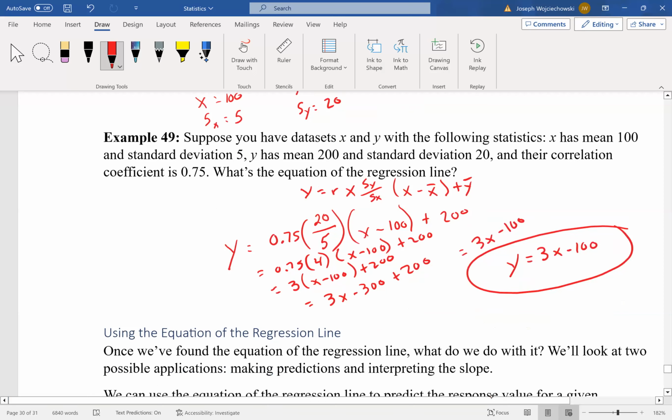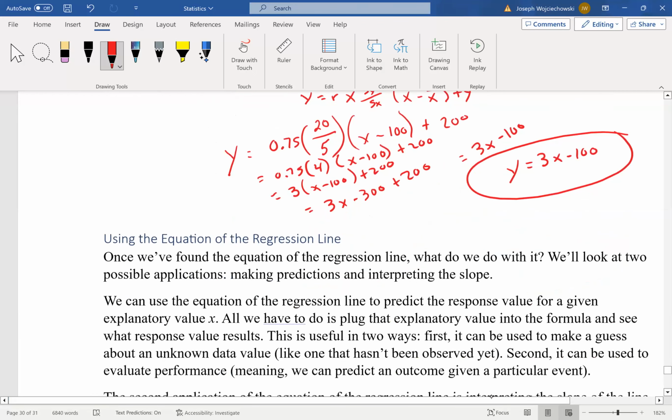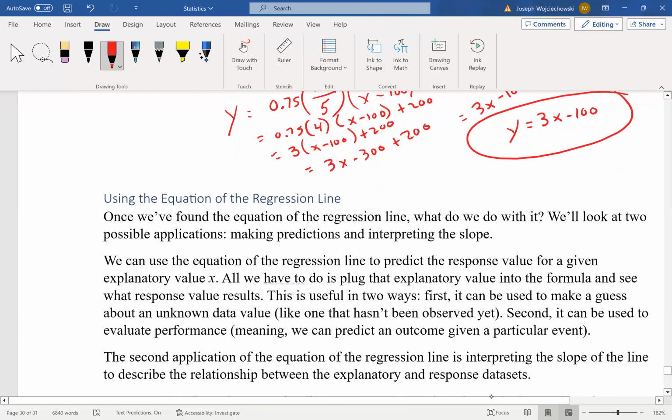Okay, we can also use the equation of a regression line. Once you've found the equation, what do we do with it? Well, we look at two possible applications, making predictions and interpreting the slope. You can use the equation of the regression line to predict the response value for a given explanatory value x.